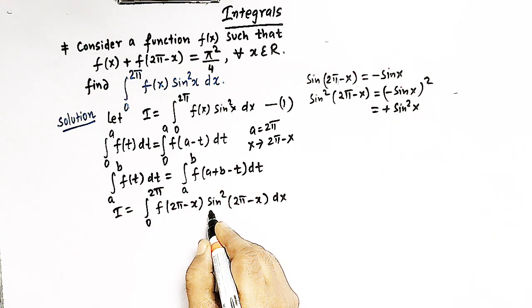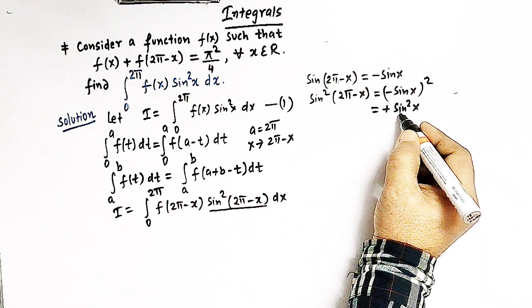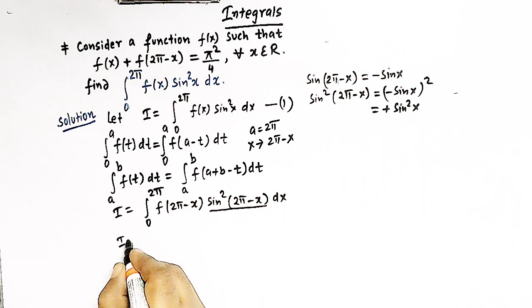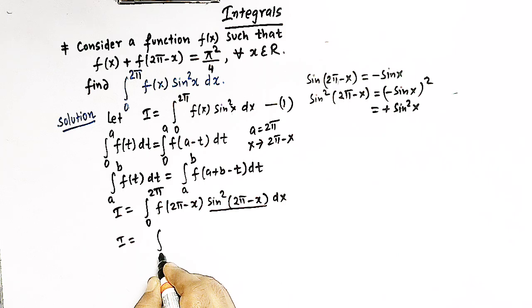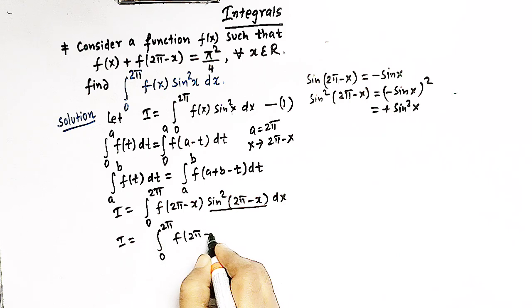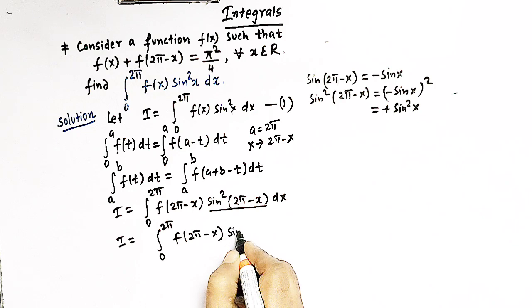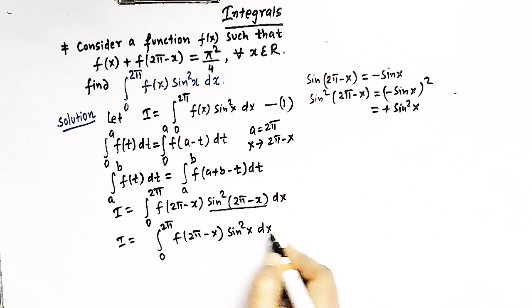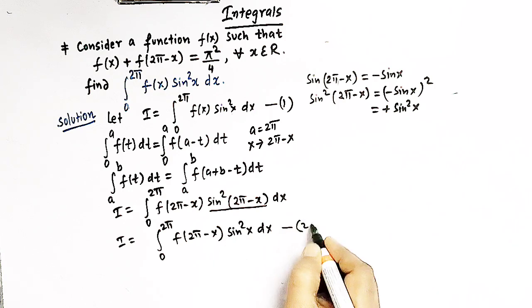So we can replace this term by sine square x. So we have now I is equal to the integral from 0 to 2 pi of f of 2 pi minus x sine square x dx. Let us call this integral 2.